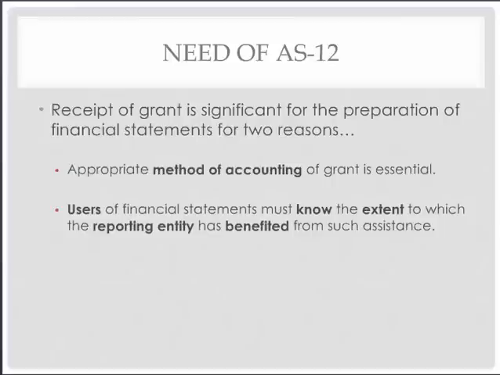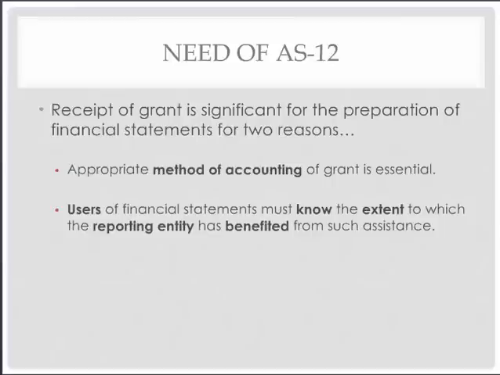Also, the user must be able to analyze what happens if in future you do not receive such grants, whether you will still be able to maintain such profitability or what would be the profitability in such a case.